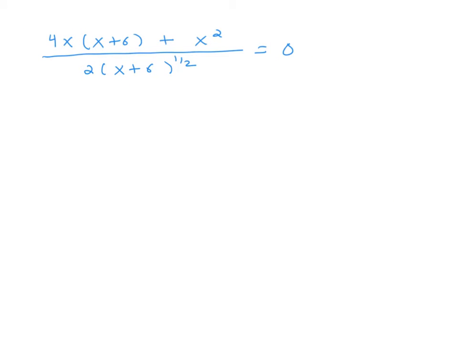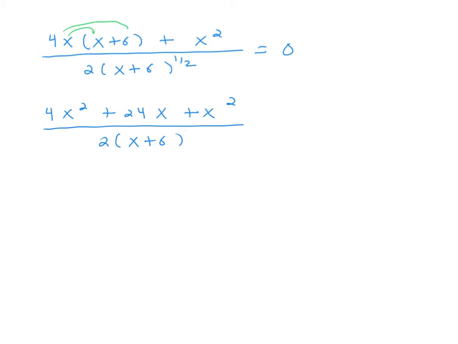So here's the net result if we add the two fractions together. And I suppose I'll simplify the numerator. So, I'll distribute in the 4x and add it to the x squared and leave the denominator completely alone. So if I multiply this in, what do we get? We have 4x squared plus 24x plus x squared, all divided by 2 times x plus 6 to the 1/2 is equal to 0.